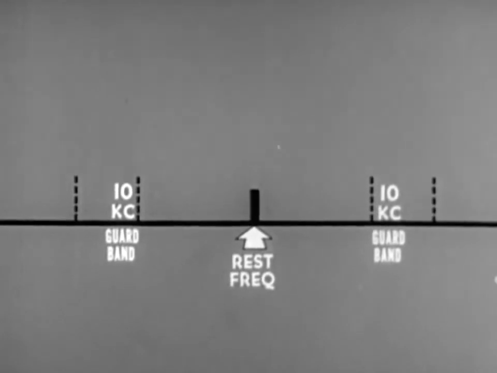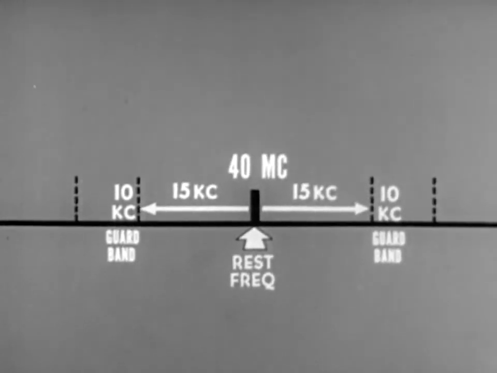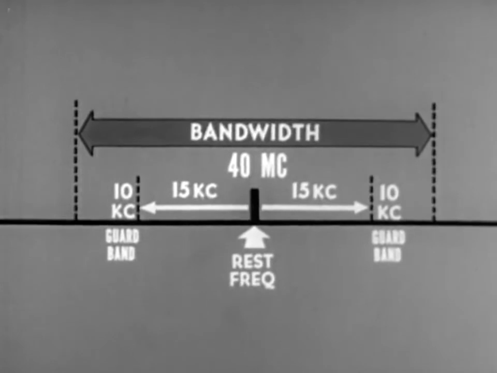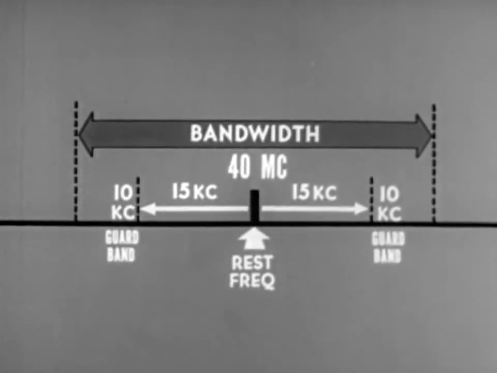Add to this the 10 kilocycles on each end for guard bands, and the total band width is 50 kilocycles. The 50 kilocycle band width is not a standard. All FM transmitters do not have the same deviations. It will vary in accordance with the equipment's design and mission, but the principles under study apply to any and all FM transmitters.